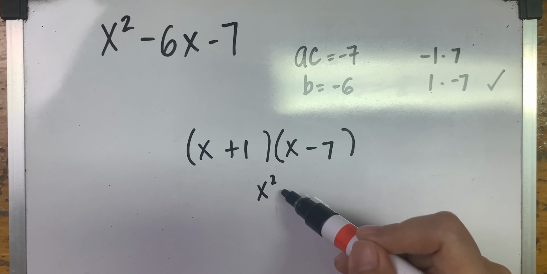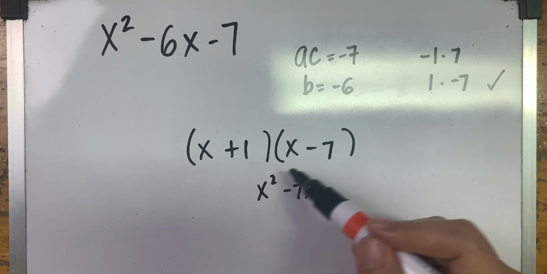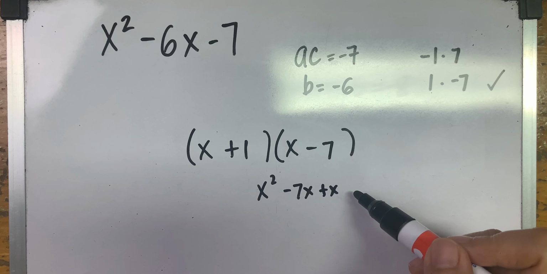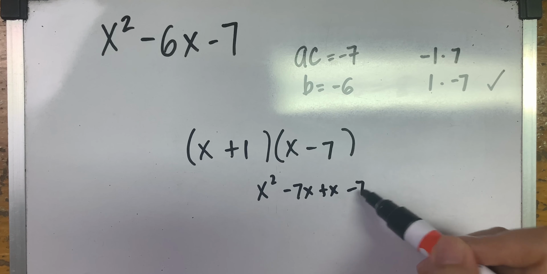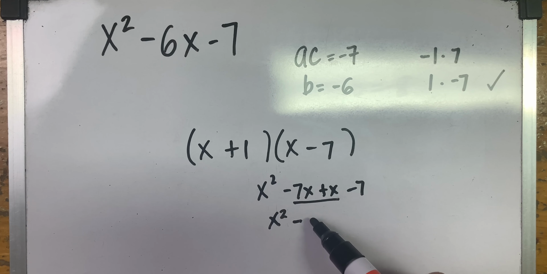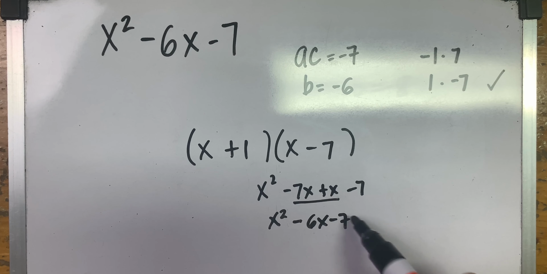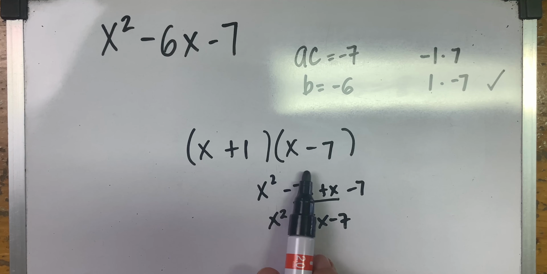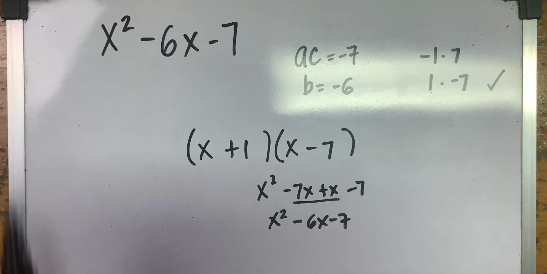X times negative 7 is negative 7x. 1 times x is positive x. And positive 1 times negative 7 is negative 7. Adding like terms gives us x squared minus 6x minus 7. Therefore, x plus 1 times the quantity of x minus 7 is the factor of the given example.